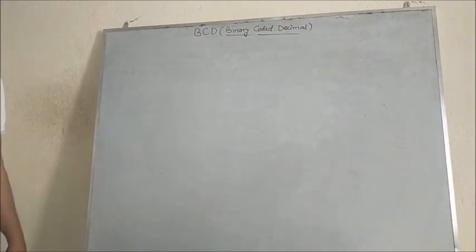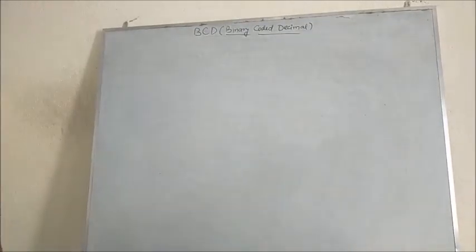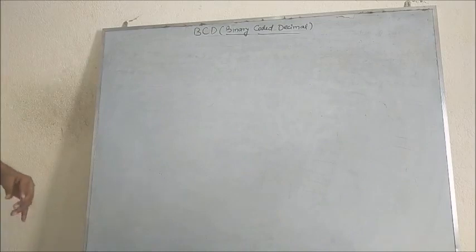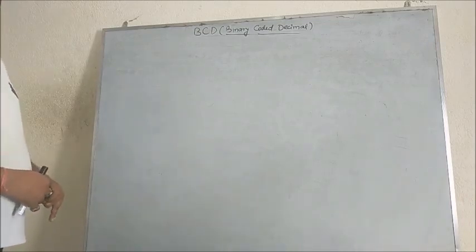Today I am going to teach you BCD. The full form of BCD is binary coded decimal. Before teaching you BCD in depth and its application, let us talk about some basic facts about the decimal number system and the binary number system.